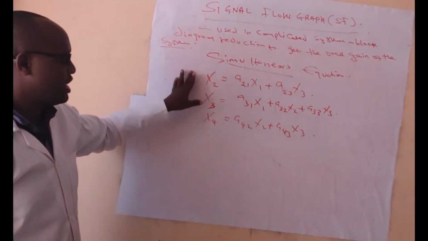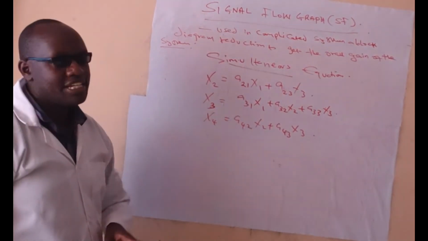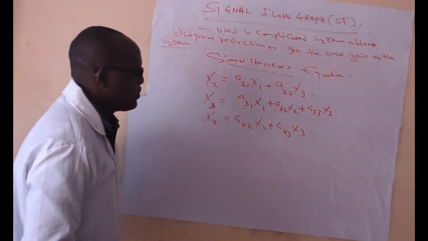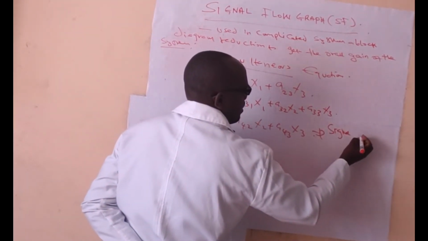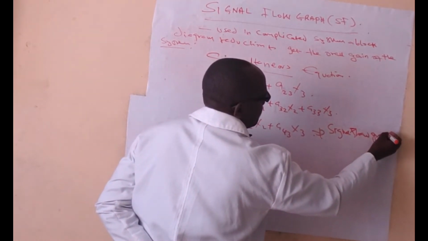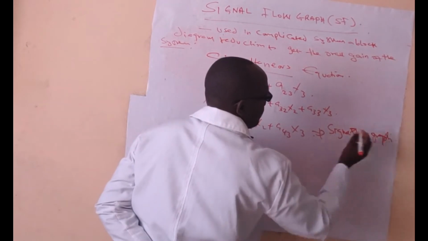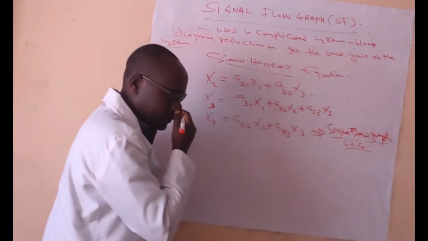So at times you can be given equations like this, then you are told to come up with a signal flow graph, SFG. So what do we do?